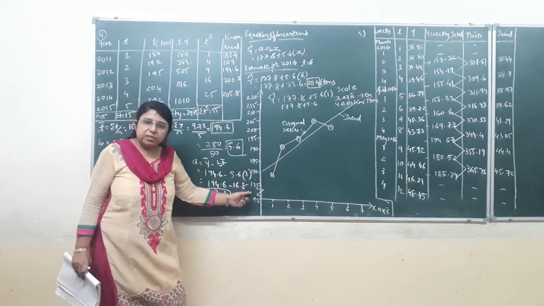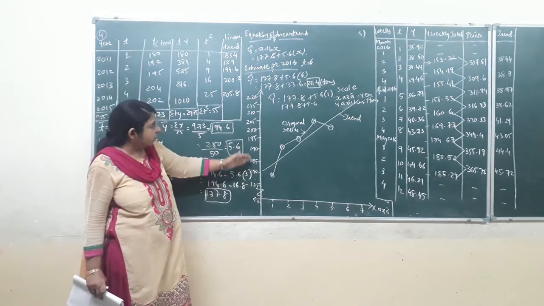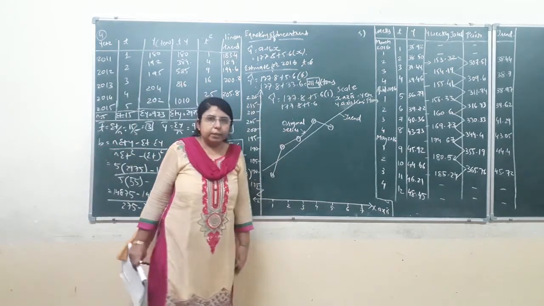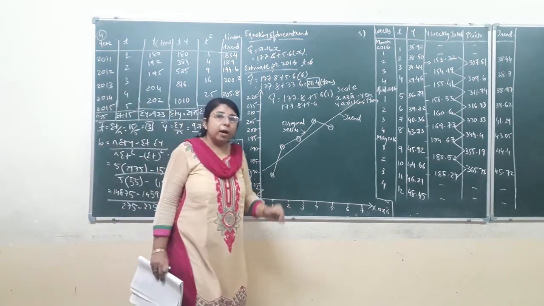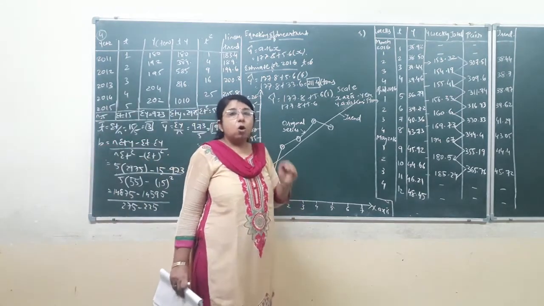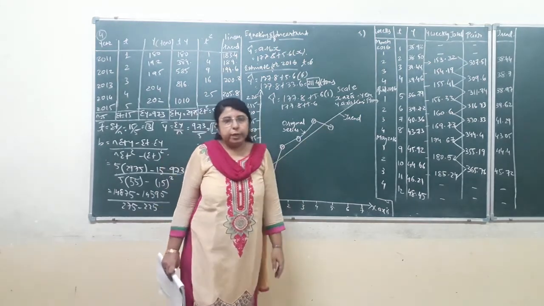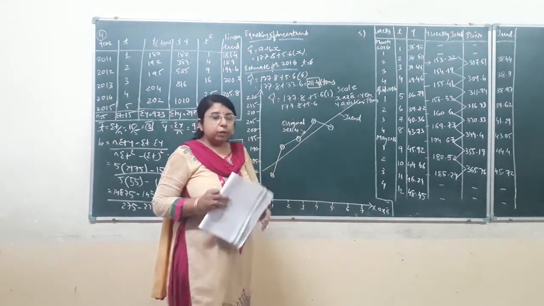You can start with 170 also; it depends upon the students. If you start with 170, 180, 190 and so on, you only have to take up till 210 or 220, because you have to even estimate the year 2016 with the help of the graph also.